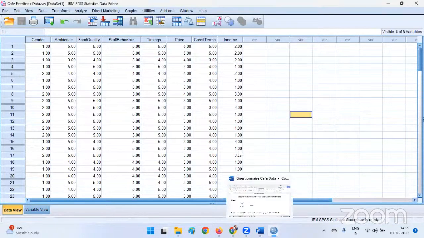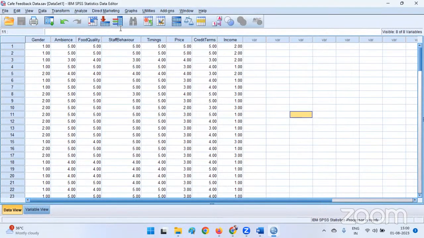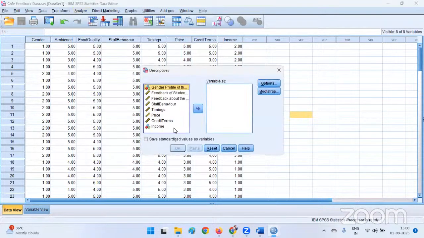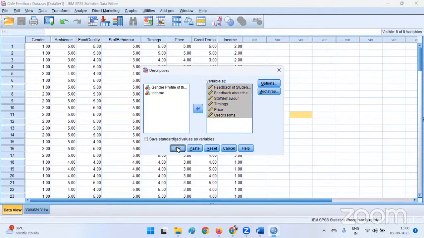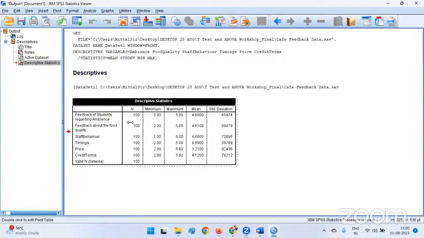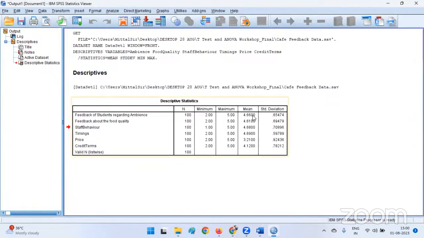Let us first see the mean values. We go to descriptive statistics. In descriptives, we fill in all the variables till credit terms, not gender. Gender cannot be calculated. Regarding ambience, it is 4.66, quite high.